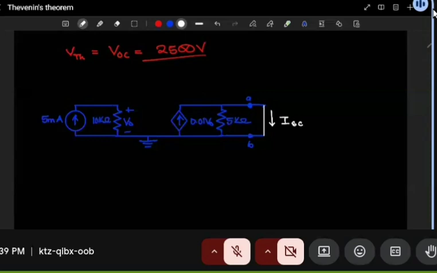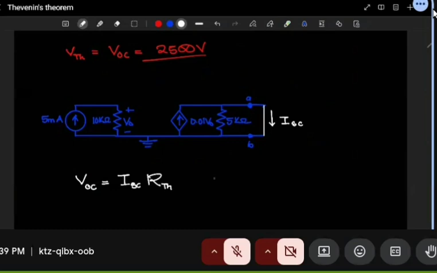We're doing this because the open circuit voltage and the short circuit current have one relationship. If you use Ohm's law, V open circuit is equal to I short circuit times the resistance. The resistance that you obtain here is actually going to be the Thevenin's equivalent resistance.